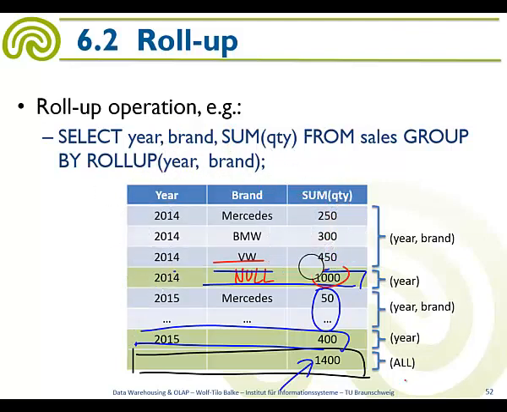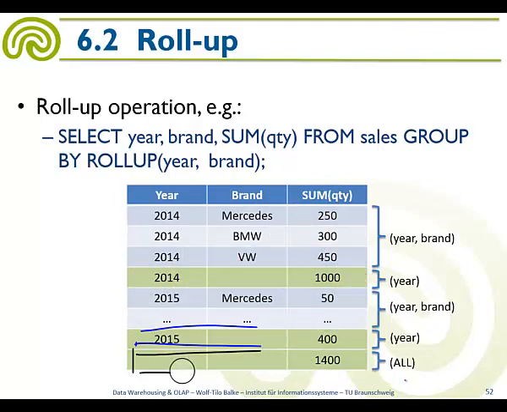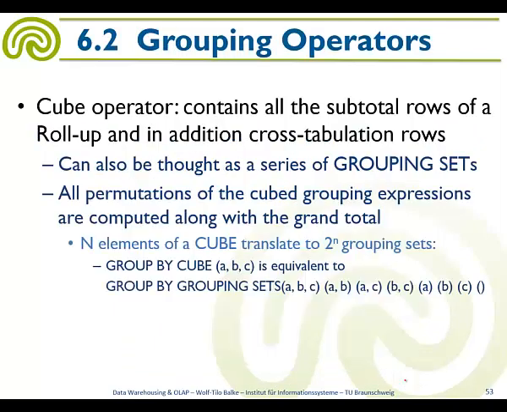Finally, so we've done grouping sets, we've done roll-up. Now we could want to compute everything, and that is called the cube operator, right? And the cube operator contains all subtotal rows of a roll-up, and in addition, the cross-tabulation rows, right?